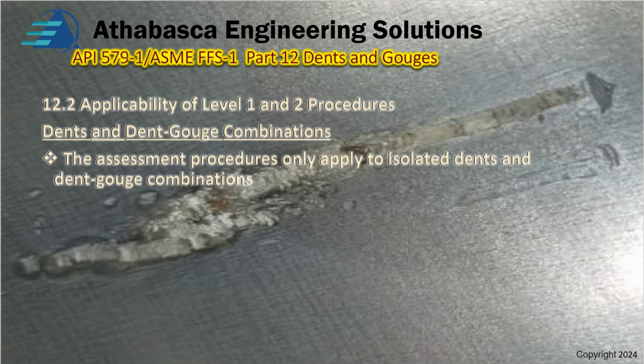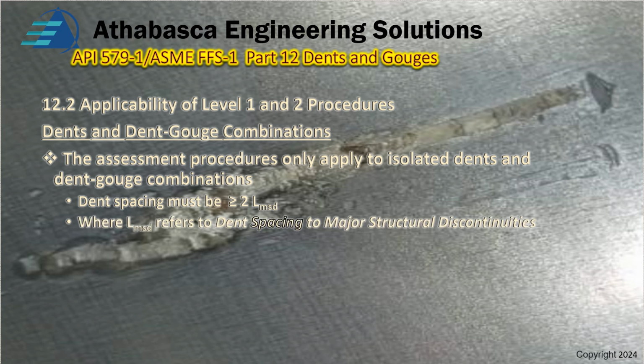The assessment procedures only apply to isolated dents and dent gouge combinations. For example, they can't occur in large clusters. And then here are some spacing rules. The spacing must be greater than 2 times the LMSD, where the MLSD refers to the dent spacing to the major structural discontinuity.